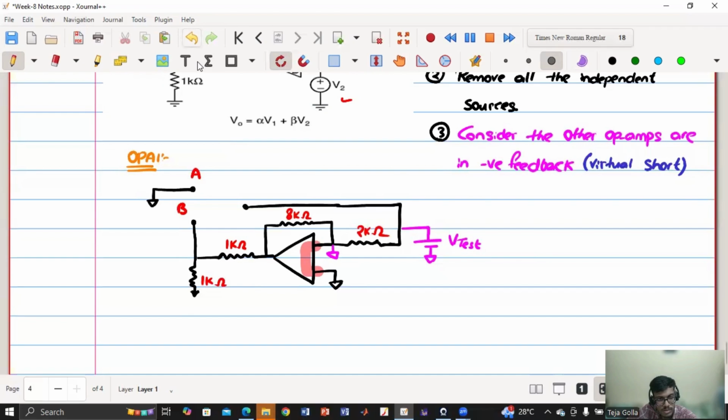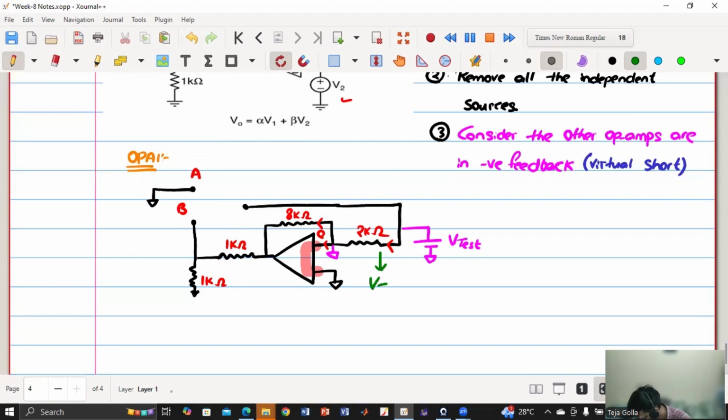Yes, sir. Okay. So now if this is ground, if this is V test, first of all, we also know that current entering the op amp is zero. So whatever current is coming here, it will also flow here. Agree? Yes, sir. Okay. So first of all, what is the current flowing in this?